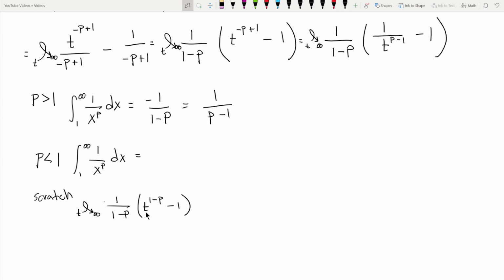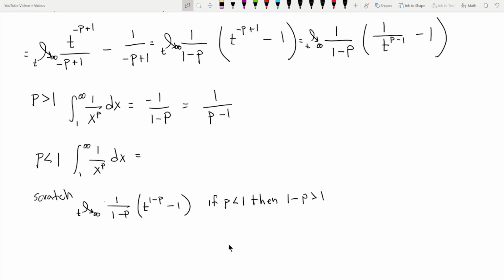And the problem that we have then is that if p is less than 1, this exponent is going to be positive, right? So if p is less than 1, then 1 minus p is greater than 1. Okay.